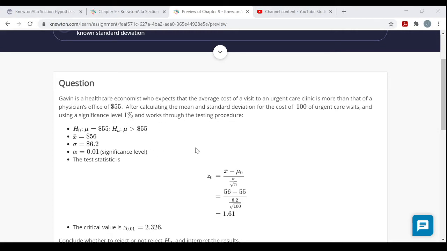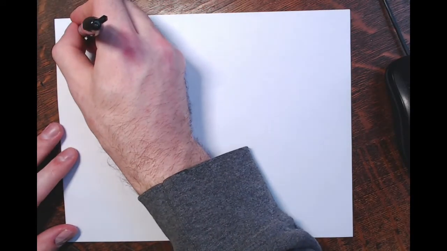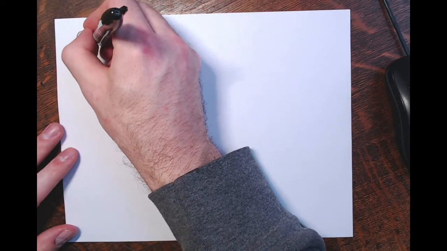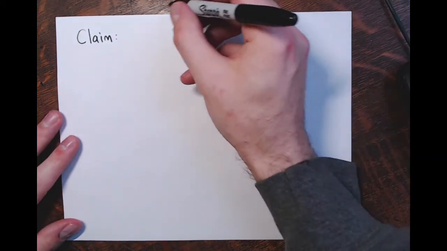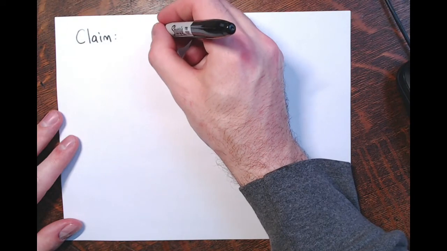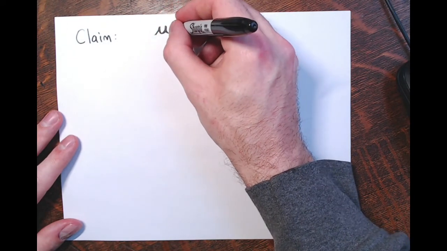Now he has all this here. I'm going to also write this out. Go through the steps of a hypothesis test. First, there's always a claim being tested, and this claim is about a population. Now I'm going to have mu here because it mentioned average, the mean.